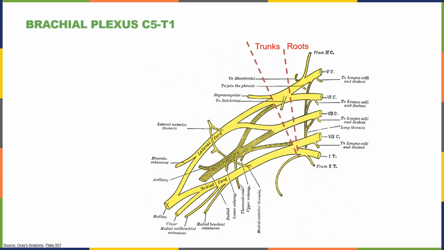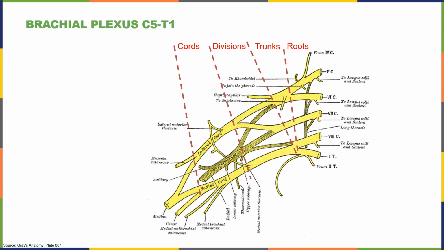Now, each of those trunks give rise to divisions. There are both anterior and posterior divisions, so 6 divisions total. The anterior divisions are shown in yellow, and the posterior divisions are shown in the shaded black and yellow. All of the posterior divisions come together, forming a cord called the posterior cord of the brachial plexus.